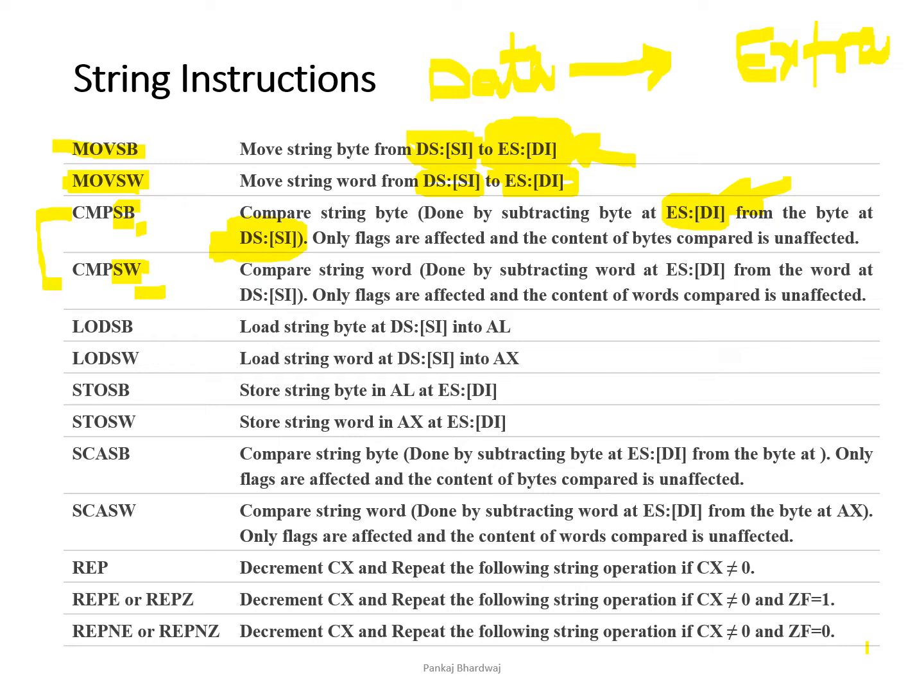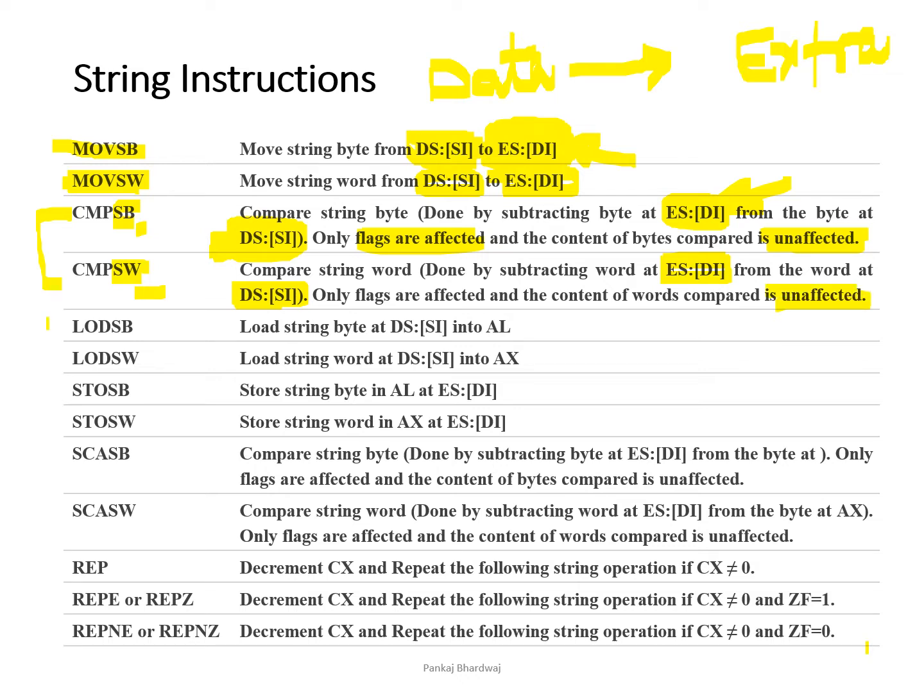Similarly, if we compare the string word, then A will be the data segment byte plus the next byte from the data segment, which gives you a 16-bit word, and the other word comes from the extra segment, that is the extra segment byte and the next byte. These 16 bits are compared, and the only change occurs in the flags, not in the data.